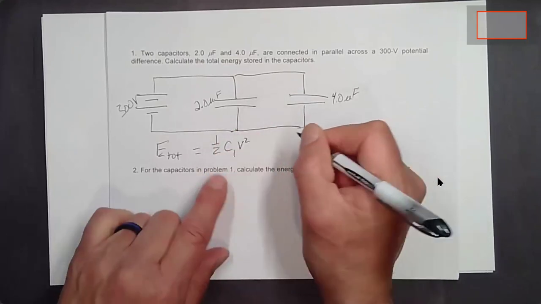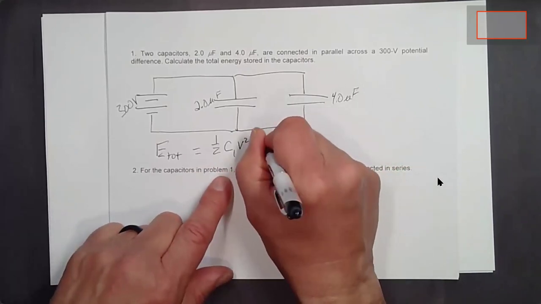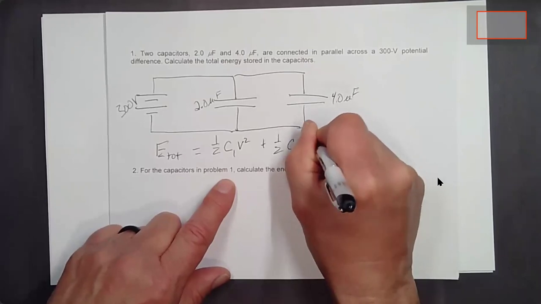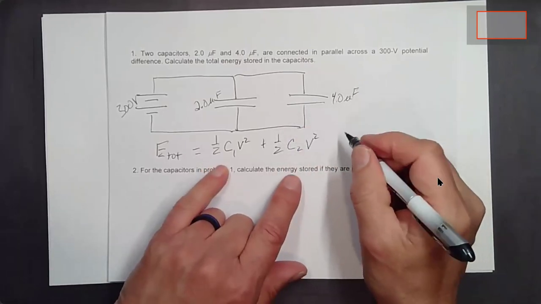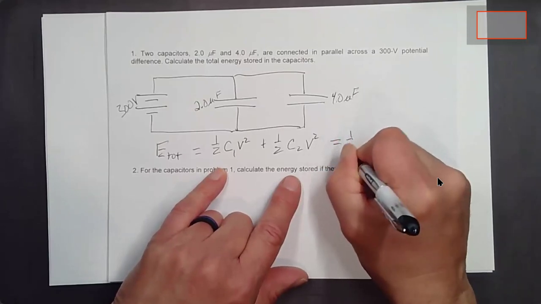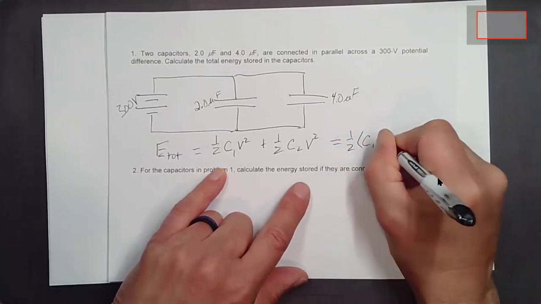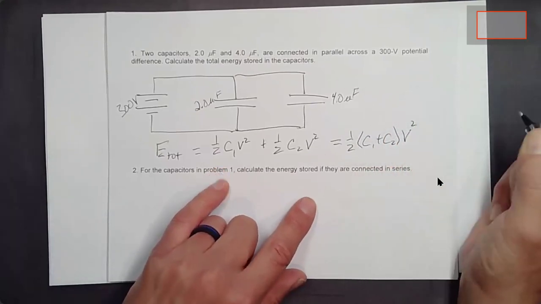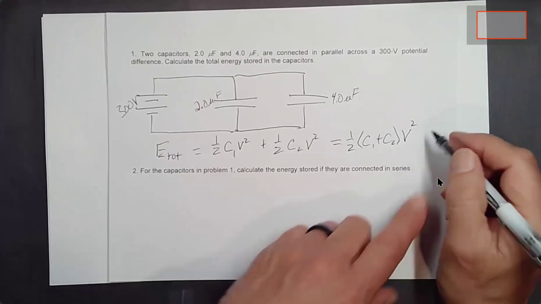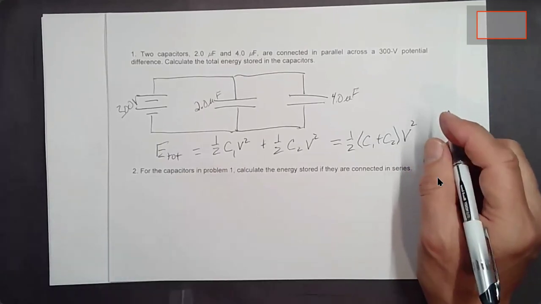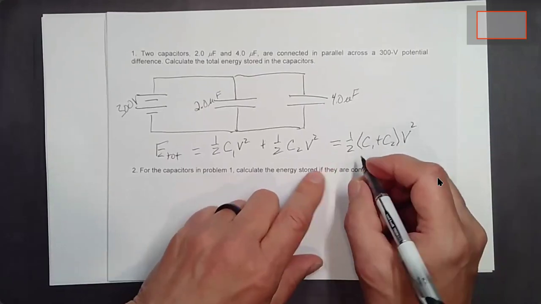So I can say 1/2 C1 V squared plus 1/2 C2 V squared. And actually, I can just call that 1/2 (C1 plus C2) V squared. That's 300 volts. Let's see how the units come out of here.